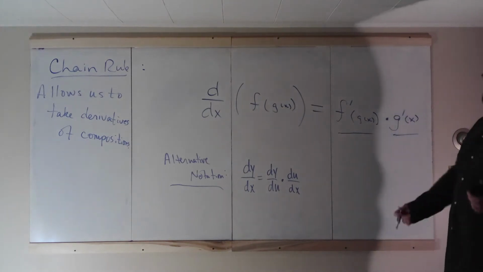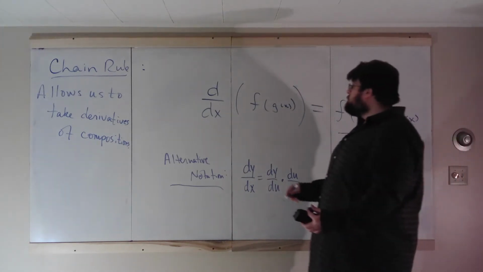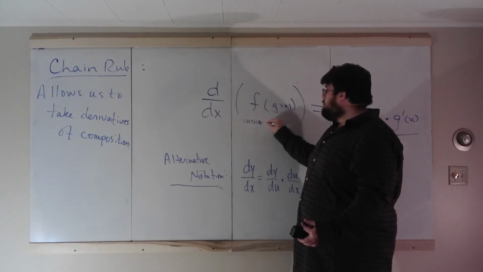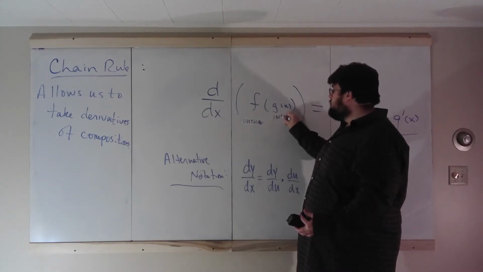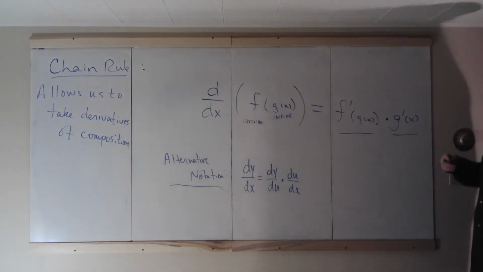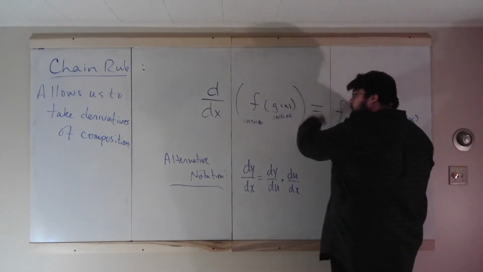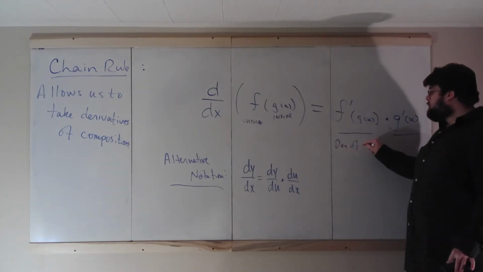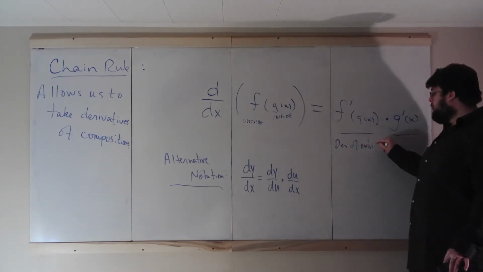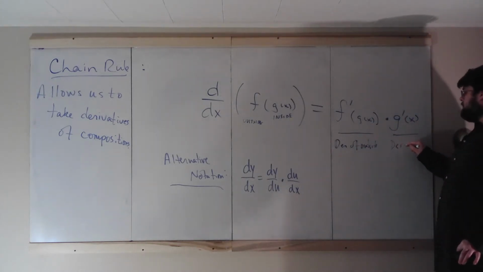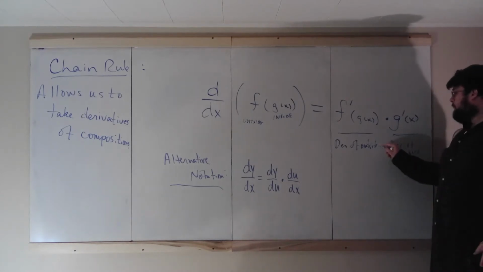I always like to think of the chain rule in terms of an outside function and an inside function. The derivative of a composition, which is an outside and an inside, is given by the derivative of the outside, leaving the inside alone, times the derivative of the inside.